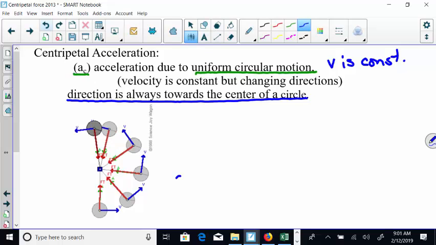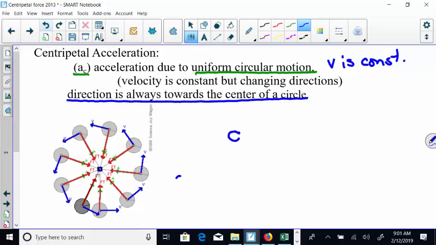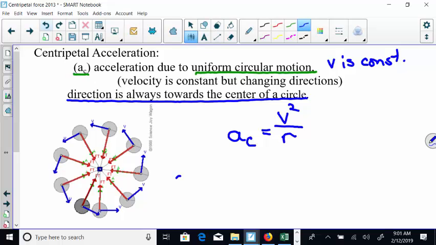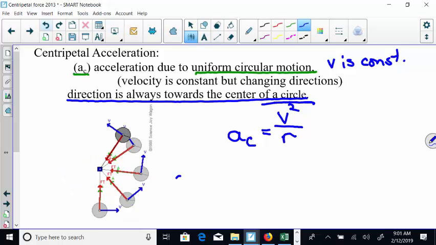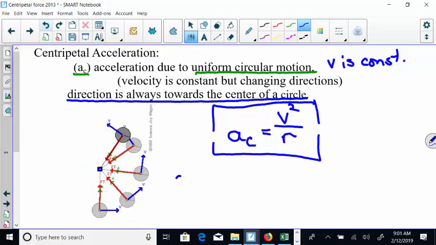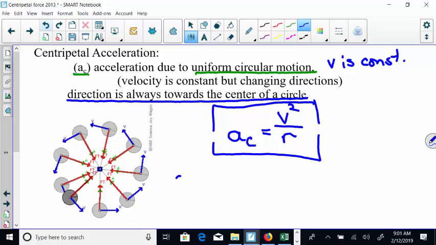So our equation for centripetal acceleration essentially comes from that graph. It is v squared all over r. This equation is note card worthy and should be placed onto your note cards. You can do that as you go.